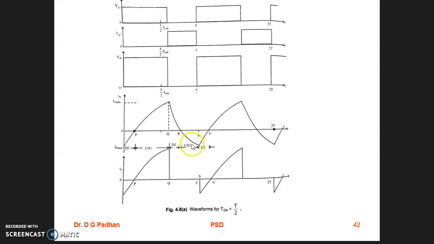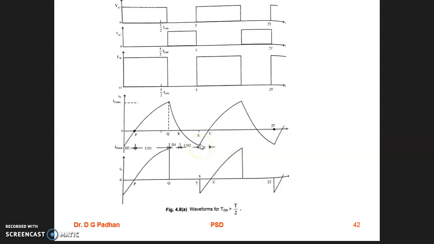During this interval, when chopper 2 is conducting, the output voltage is 0 volt. The current increases in the opposite direction and reaches Imin at the point S.